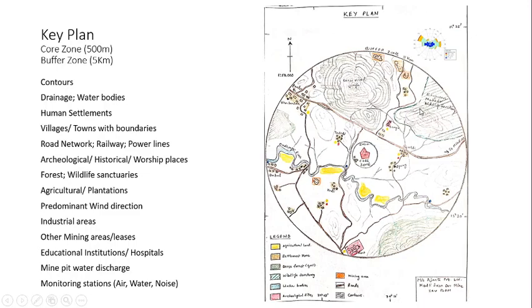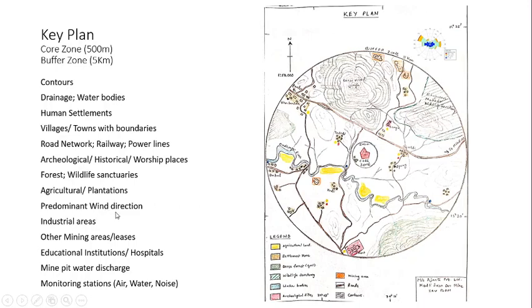I've shown a little different color pattern here for a wildlife sanctuary. Then agricultural land, horticulture, plantations. I've shown this yellow color here for all this type of land use.